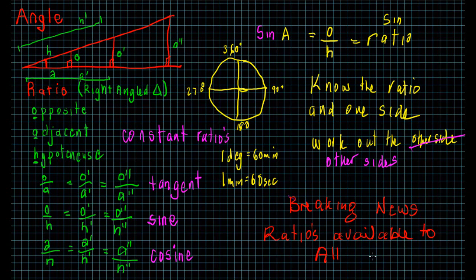Now we have all the ratios available, so provided in any right angle triangle, provided we know two facts about that triangle, either the angle and one side or two sides, we can work out everything about that triangle. And whereas in the old days that knowledge was quite powerful, today it's available to us all.